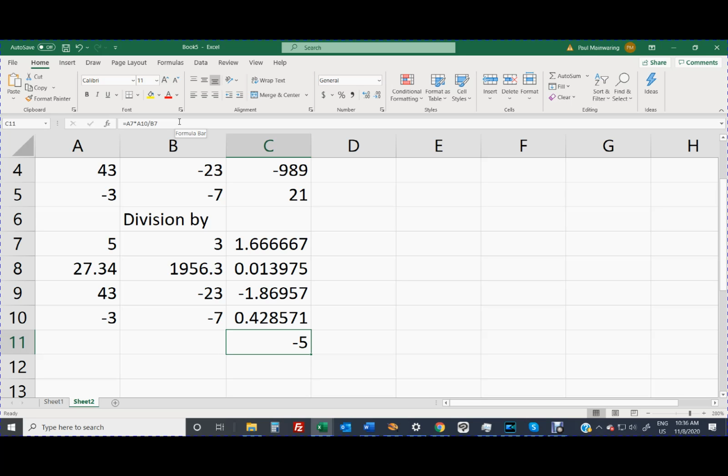So B7 was 3, A10 was -3. 3 divided by 3 is a 1. So A7 times 1 is a 1. A7 was 5, but there was a minus in there, became a -5.